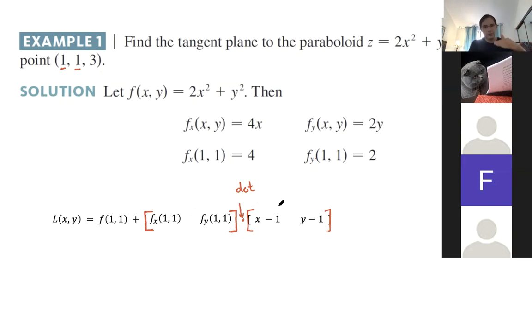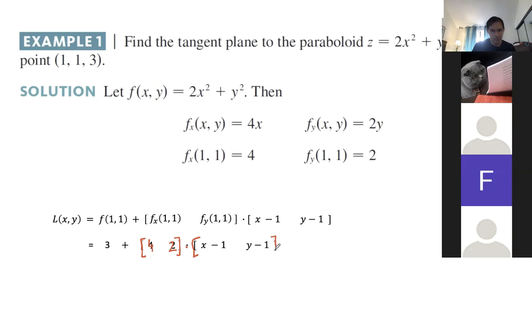And then what I have to do is shift this plane to the point of interest by adding f of 1, 1. So this is exactly L of xy. So when we simplify this, f of 1, 1 is 3. f sub x at 1, 1 is 4. And then the other derivative at 1, 1 is 2. And then this is the inner product of those two vectors times the other vector, which is x minus 1 and y minus 1.